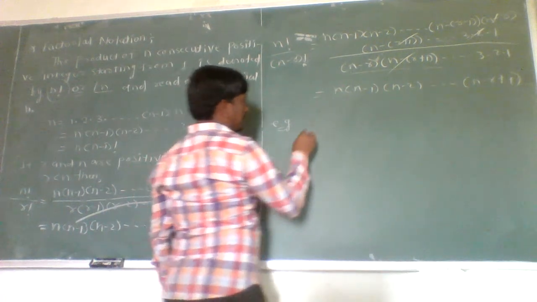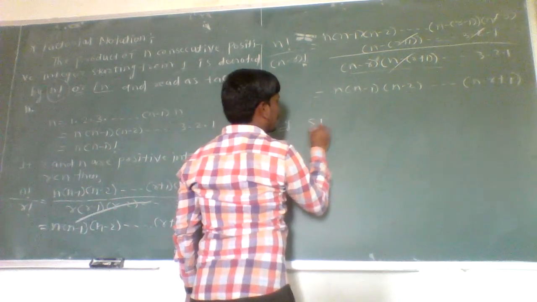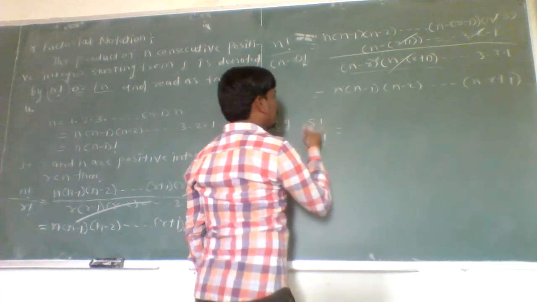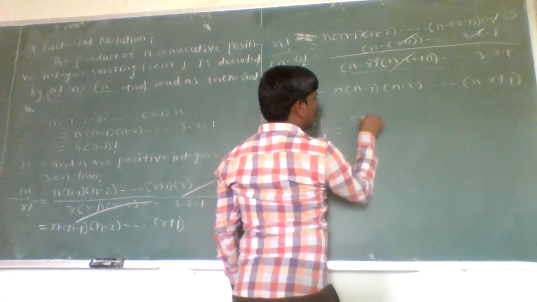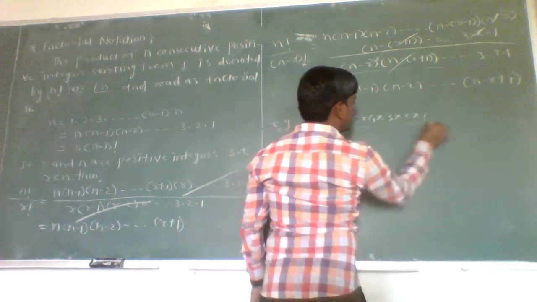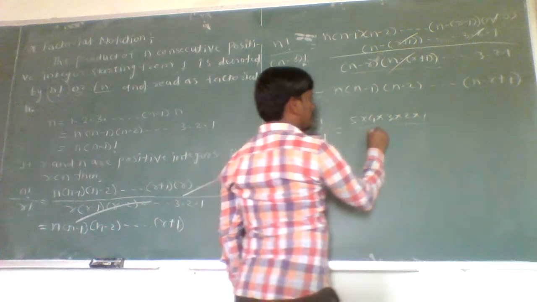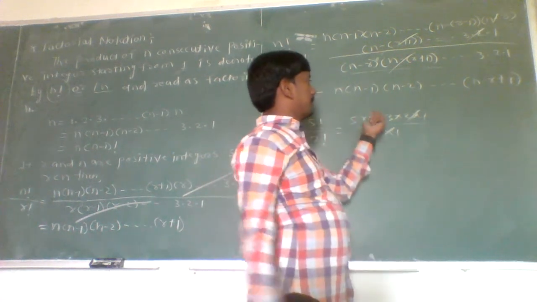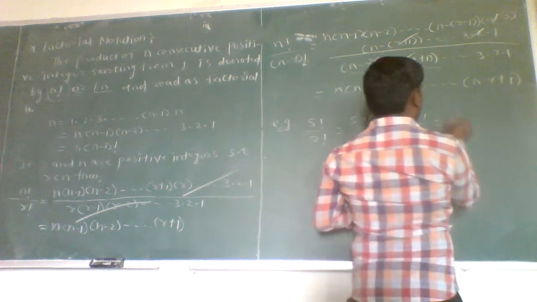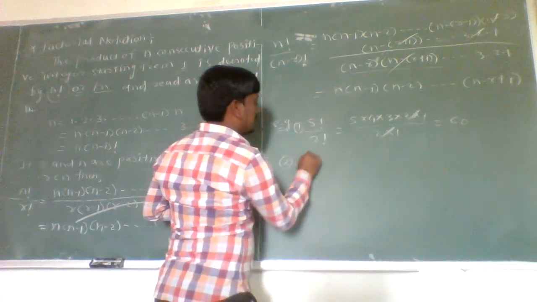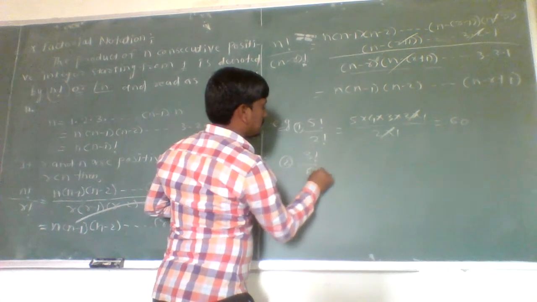5 factorial upon 2 factorial, which is equal to 5 into 4 into 3 into 2 into 1, which is divided by 2 factorial, 2 into 1, 2 into 1 cancel. 5 into 4, 20, 20 into 3, 60. Similarly, second one, 3 factorial divided by 6 factorial.